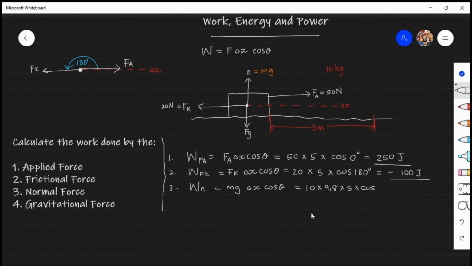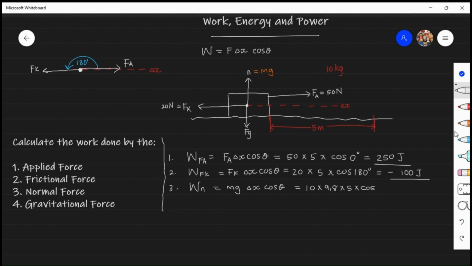of our angle. Now, what is the angle between our normal force and our displacement? Something important to take note of is that normal force is the force that acts perpendicular to the direction of motion, and displacement represents our direction of motion. So, in a different way of speaking, normal force is the force that acts perpendicular to our displacement.